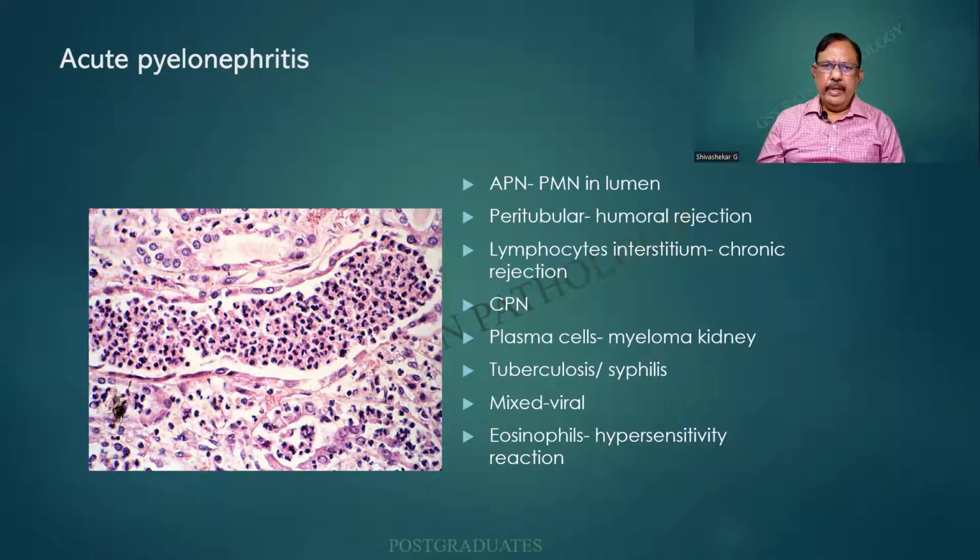There can be an infiltrate of lymphocytes in any case of chronic rejection or chronic pyelonephritis. Also, you will be finding thyroidization of the tubules. Fine. Plasma cells are seen in a case of myeloma or in inflammatory lesions such as tuberculosis or syphilis. It can be mixed in a case of viral etiology.